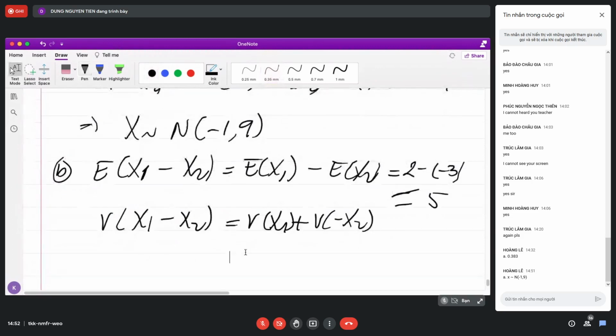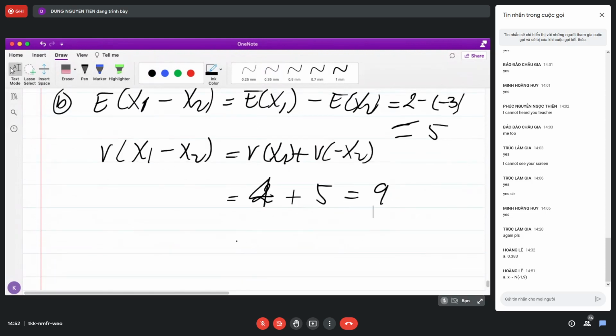It's the same thing. So you still get 4 plus 5, and it is 9. The same, okay? So the variance of the sum is the same as the variance of the difference. All right. Then X1 minus X2 should follow a normal distribution with the mean 5 and the variance 9. Okay.